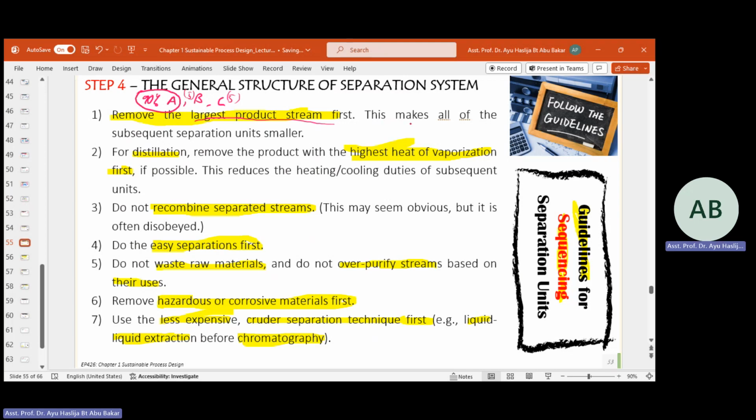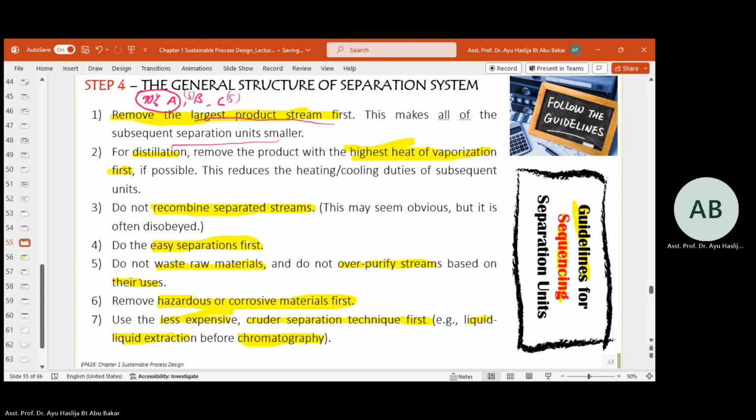This statement mentioned that this makes all of the subsequent separation units smaller. So perhaps the first distillation column needs quite a high volume and height, then after that, just a small one.